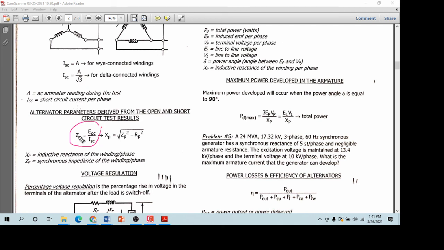That is your ZP. Then XP is equal to the square root of ZP squared minus RP squared. Take note that XP is the inductive reactance of the winding and ZP is the synchronous impedance of the winding.